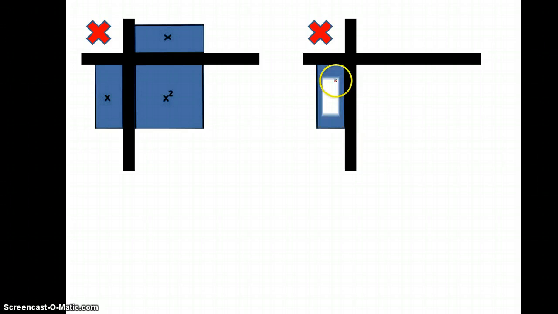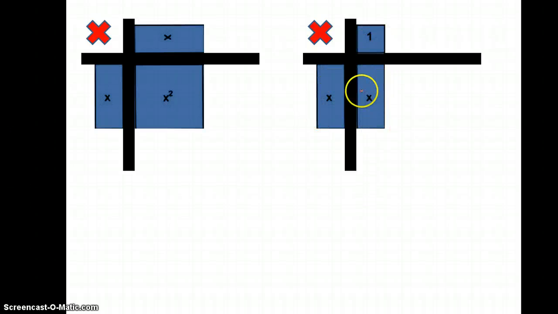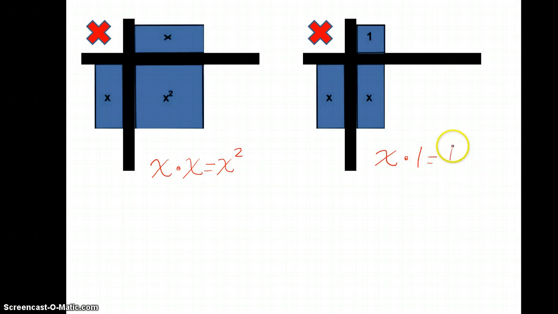Also, whenever I multiply an x times a tiny square of 1, 1 times x is just 1x. So mathematically, x times x equals x squared, and x times 1 is just 1x.